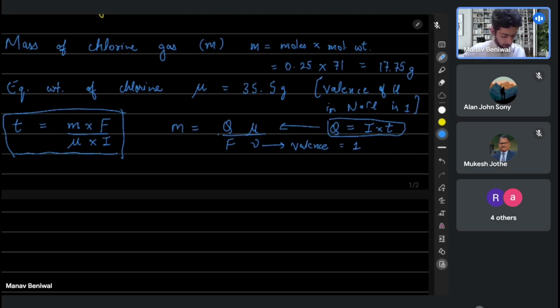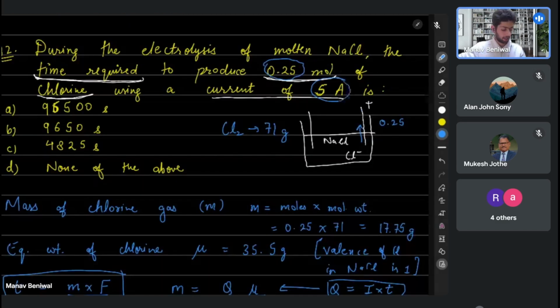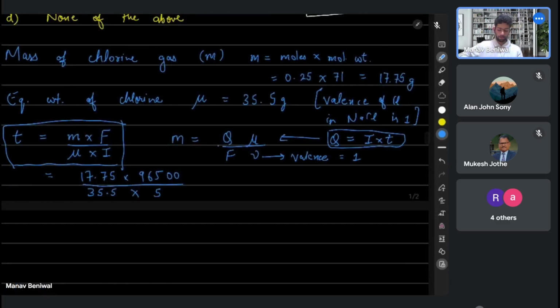So our T will become 17.75 multiplied by 96500 divided by 35.5, and the current given to us was 5 amperes, so just multiply by 5.